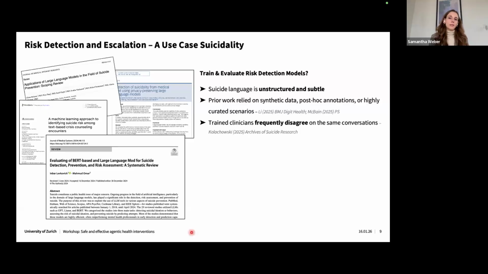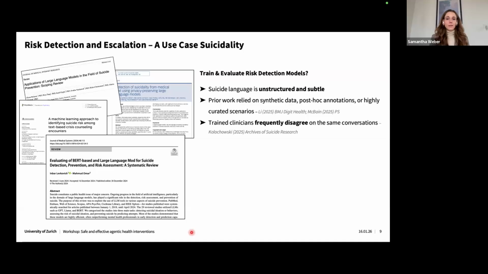And structured data is what would be required to train classifiers reliably. As a result, most prior work on suicide risk classification relied on synthetic data, post hoc annotation, or highly curated scenarios, which highly limits real-world application.